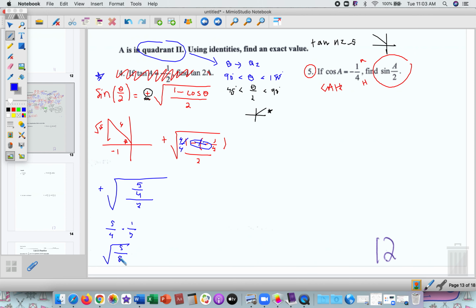This is under the radical, and we know it's a positive answer. So we'll break apart into two pieces: square root of 5 over square root of 8. We know that square root of 8 is 2 times 2 times 2, so it's the same as 2 square root 2. Now we have to rationalize, so we multiply by root 2 over root 2.